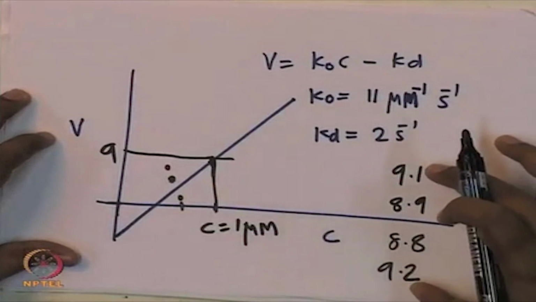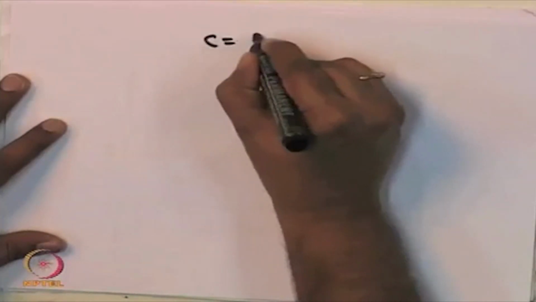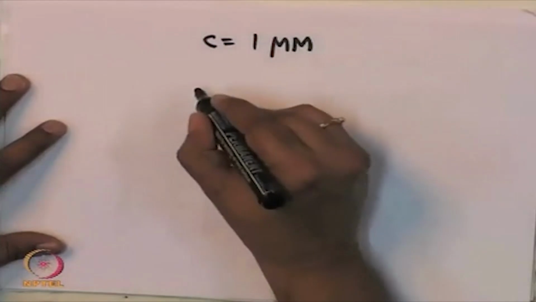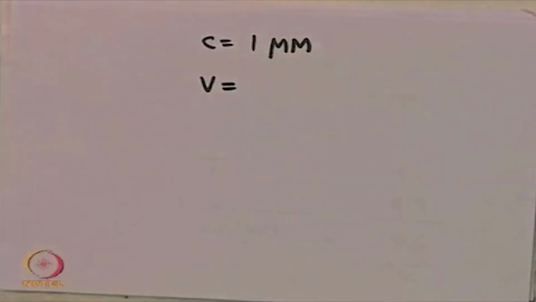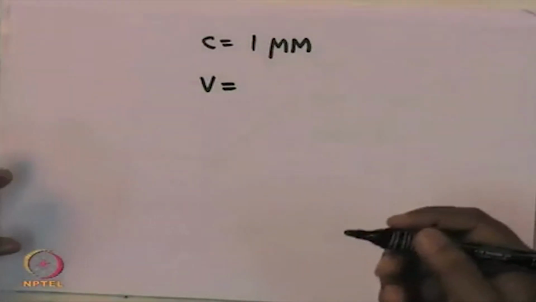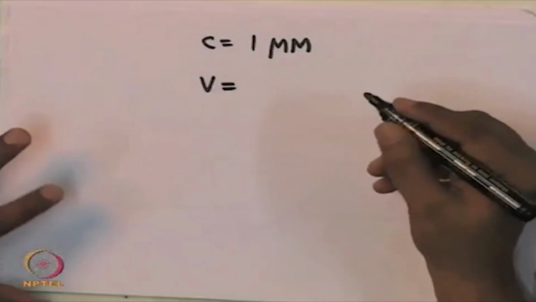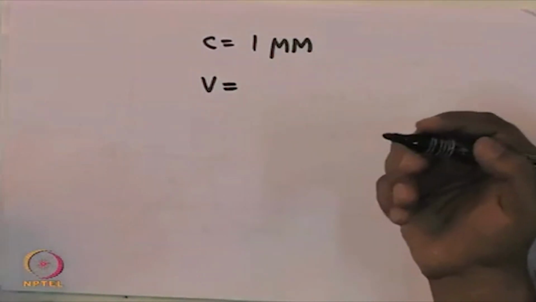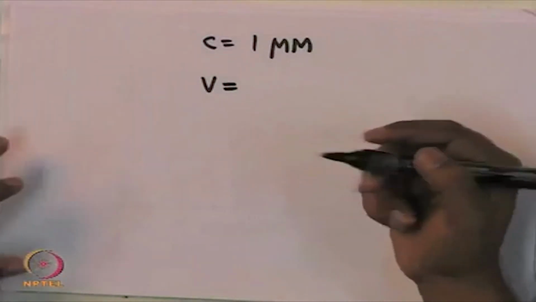If you repeat this experiment 100 times, what are we doing? We are fixing C equal to 1 micromolar and looking at the growth speed of actin, and each time I get some value around 9. Sometimes I get 9.1, sometimes 9.2, sometimes 8.8, sometimes 8.9.